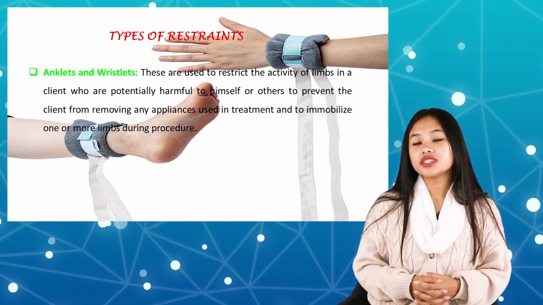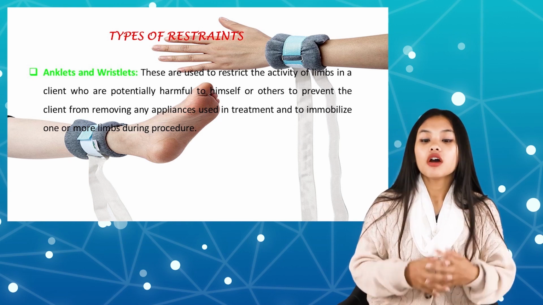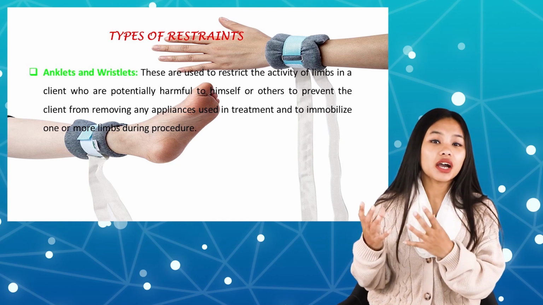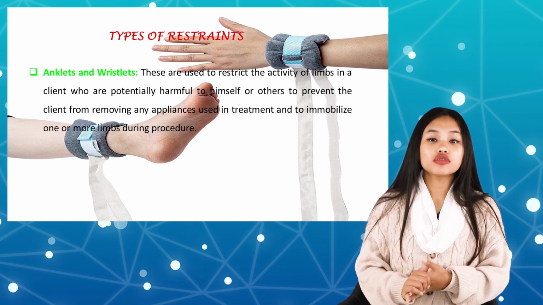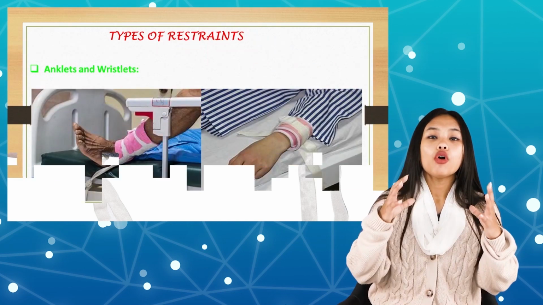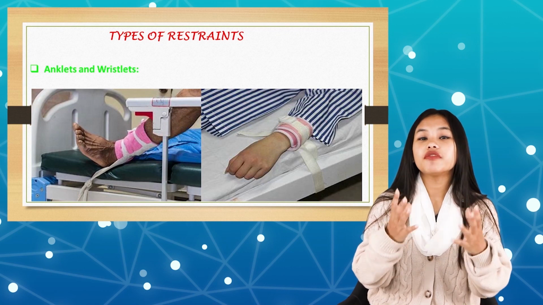And why do we use this type of restraint? We use it in order to prevent them from removing any appliances which are used for the treatment, and this can also be done to immobilize one or more limbs while any procedure is being performed on them.